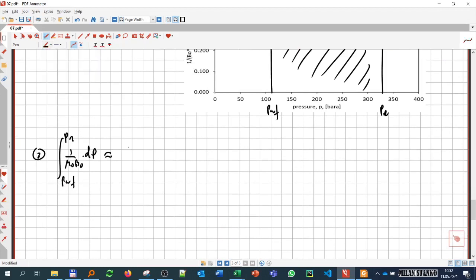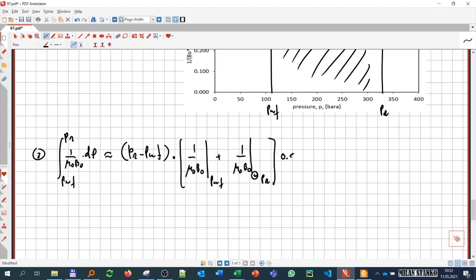And then this will be PR minus PWF, and here, something that we are very happy about, we got the difference, the drawdown. This is the drawdown times the evaluation of 1 over mu BO at PWF plus 1 over mu BO at PR, times 0.5.